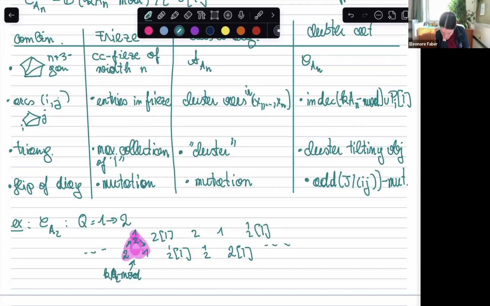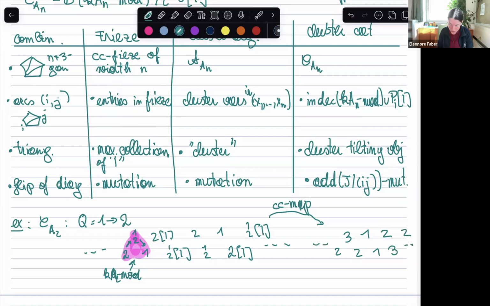And then we get the frieze from this via the so-called Caldero-Chapoton map that associates to each object in the cluster category a number. And so we get here exactly the frieze of 3, 2, 3, 2, 1, 1, 3, 2, 3, and so on.